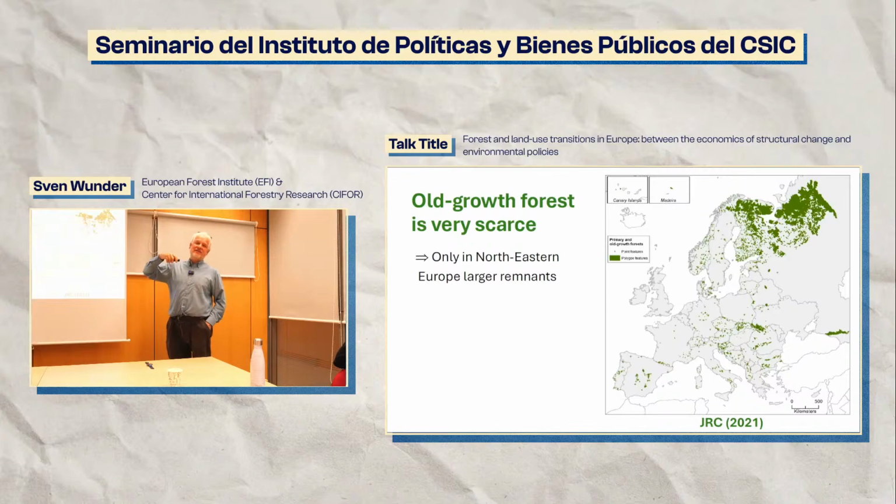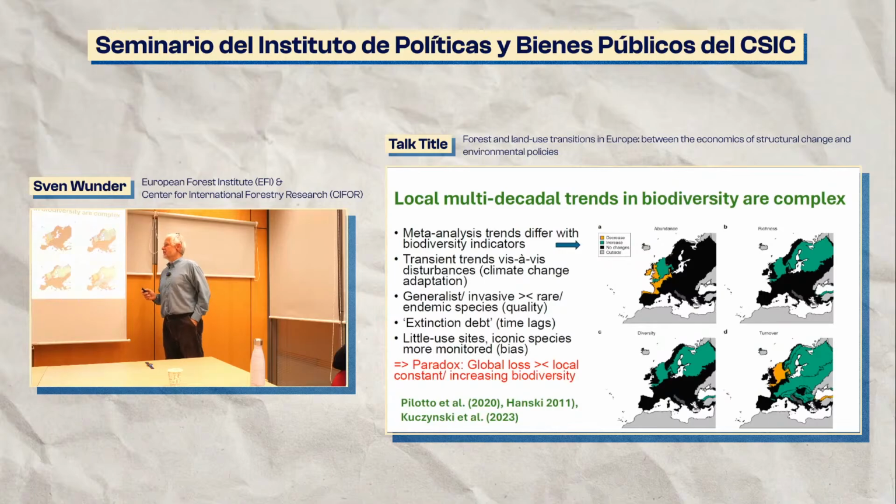The flip side of that, old-growth forests: very little is left, just small fragments, especially in the boreal part of Europe, but also in the Tatras and in different mountain areas in particular. But very little old-growth forest left in Europe.